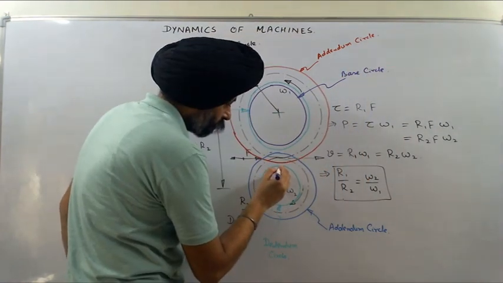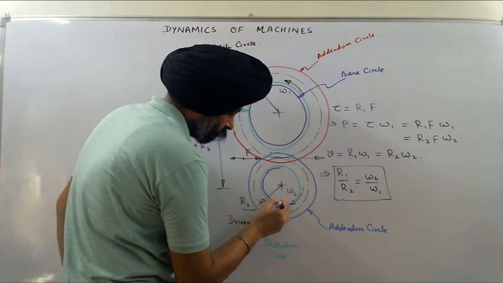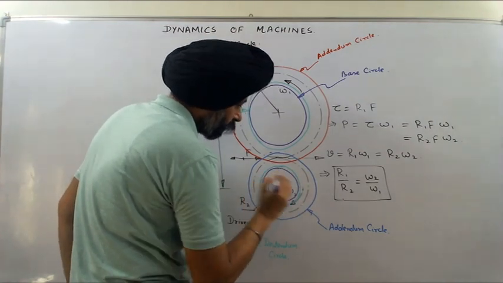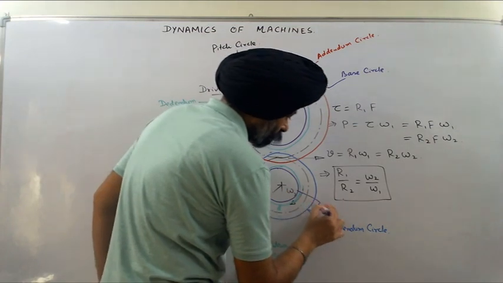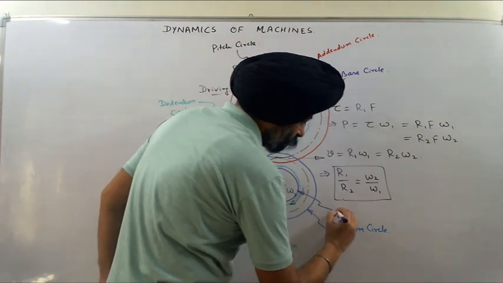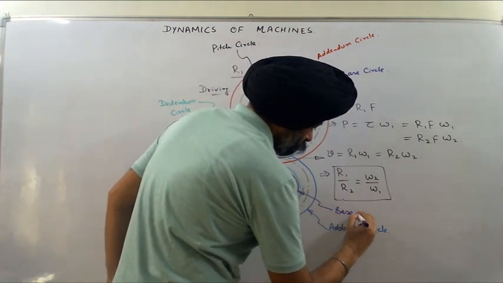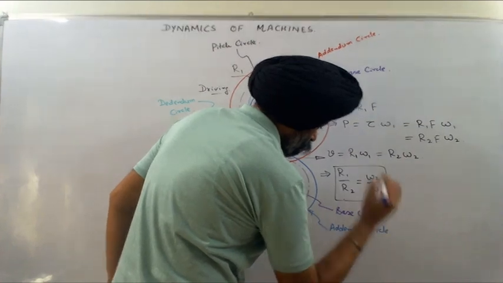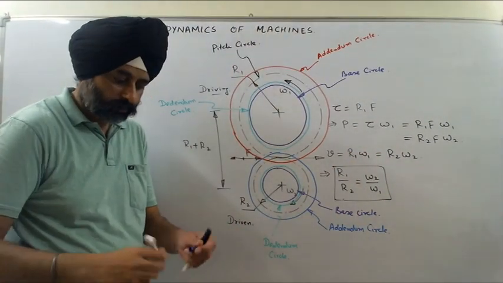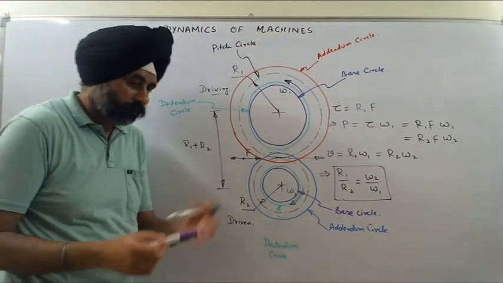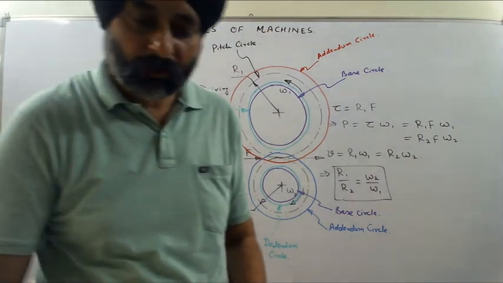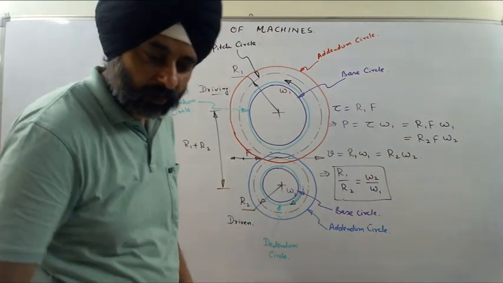Likewise here also, I'm just going by the ideal condition that the base circle is smaller than the dedendum circle. That's not always the case, because practically we face so many problems that it can't always be so.